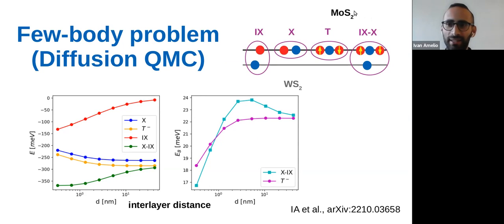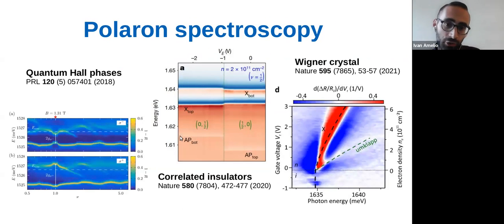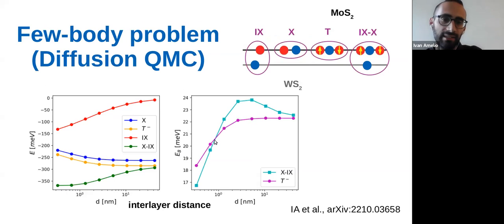Okay, so let me go on, and let's move to the few-body problem. As I was saying, in this polaron spectroscopy, one main ingredient is the attractive polaron. This attractive polaron originates from the presence of some bound state, that in this case is a trion, so an exciton that binds to an electron present in the system.